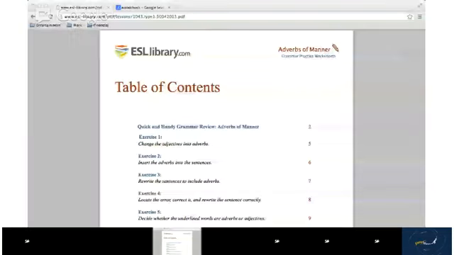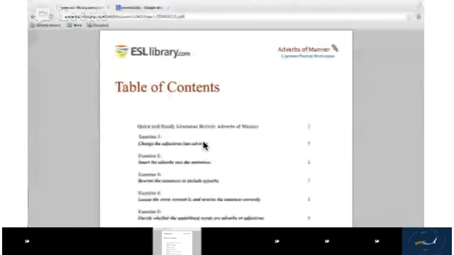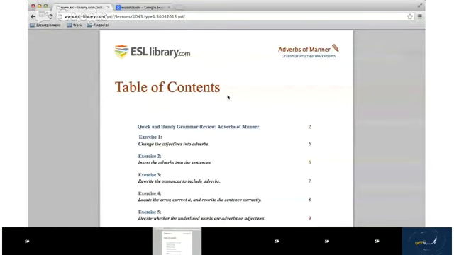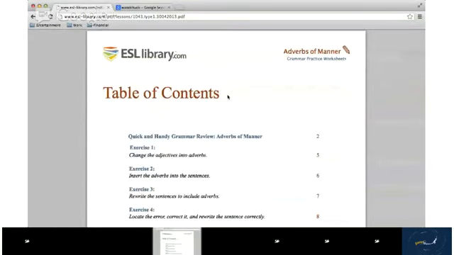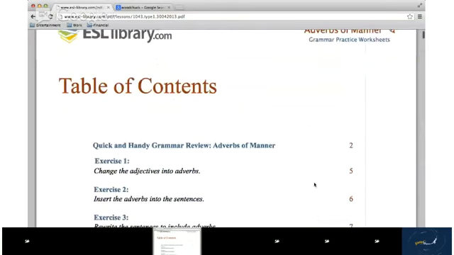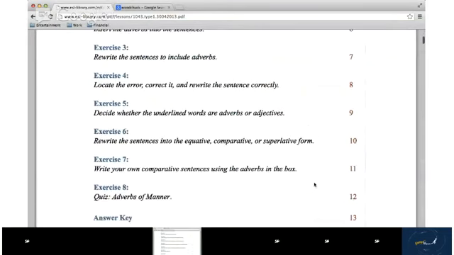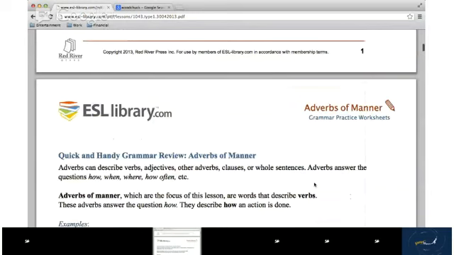Go ahead and open up the link I placed in the chat box. When you do, this is what you'll see. It'll start off with the table of contents, and we're going to scroll down to page number 2.